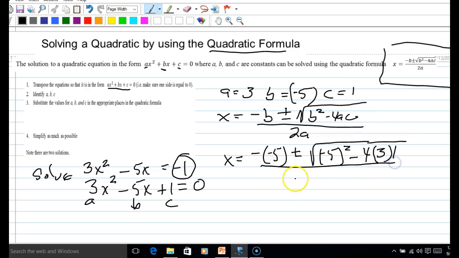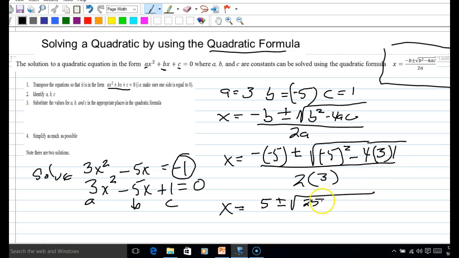All over 2 times A, and so that's 2 times 3. So X is equal to 5 plus or minus the square root of negative 5 squared. Negative 5 squared is 25.